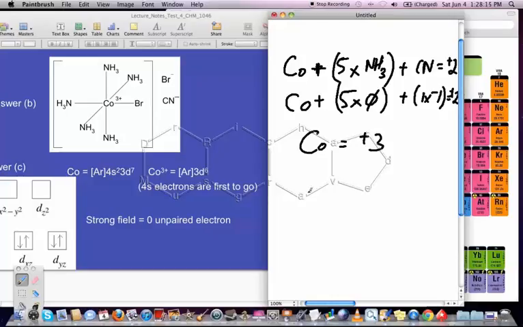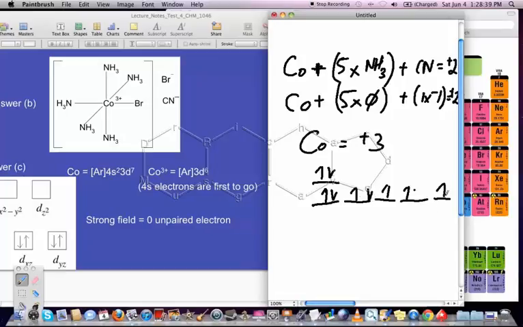So let me show you a picture of that. When the cobalt is in an actual compound, we're going to ignore the d-d splitting for now, but what's going to happen is you're going to have the 2 4s electrons up here, and then you'll have your 7 d electrons down here.